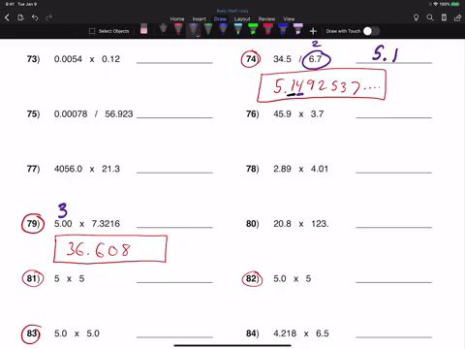So the 5.00 is the number that provides the guidance in terms of how many sig figs are going to be in our answer, namely 3. So the 3, the 6, the decimal point, I'm allowed 1 more sig fig. That's going to be the 6. The number that follows is a 0. That doesn't influence the 6, so it's simply 36.6.